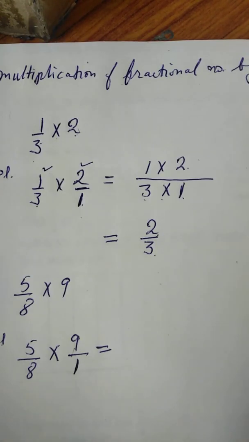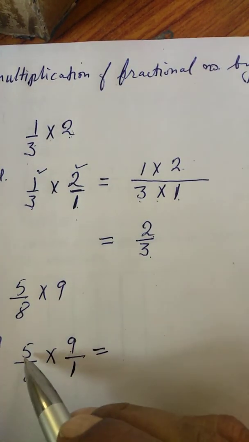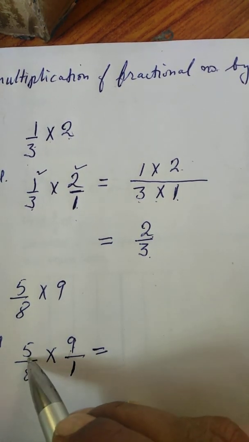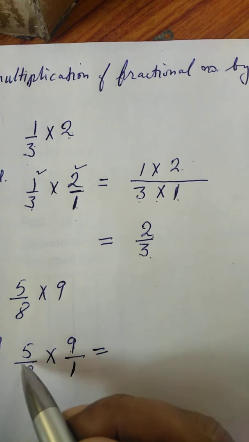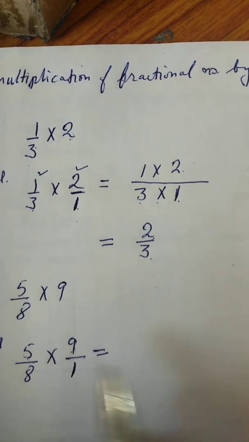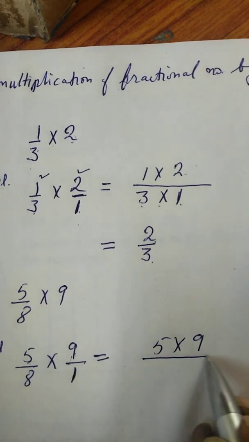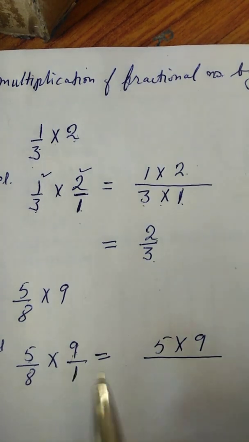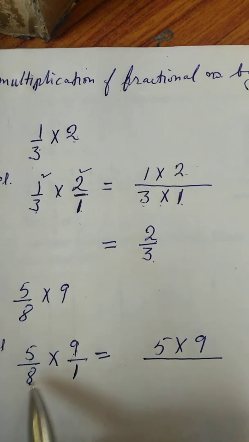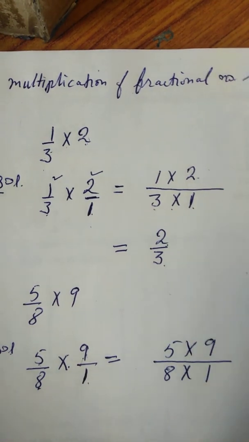Now, you will multiply numerator by the numerator, 5 multiply 9, so you will write 5 multiply 9. Now underline it. Now read the denominator part, 8 multiply 1, and write it.